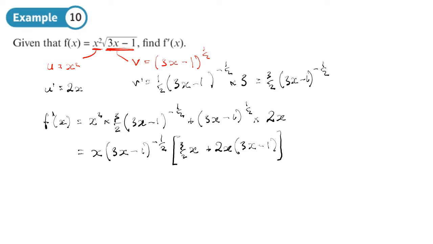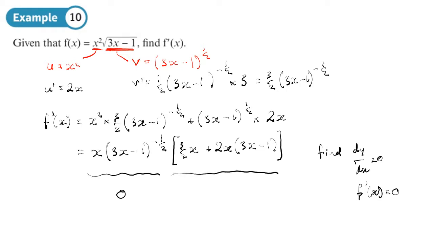Okay, and this is probably the most useful form, because this is helpful if you want to find, let's say, turning points. If you wanted to find when dy dx was 0 or f dash of x was 0, that's probably the most useful form to have it in. Something where you can say either this bit is 0 or this bit is 0.